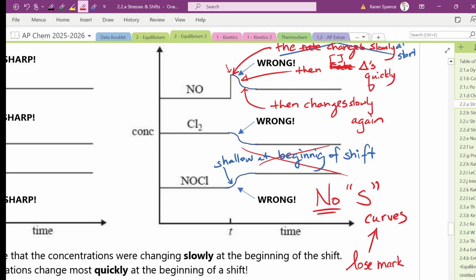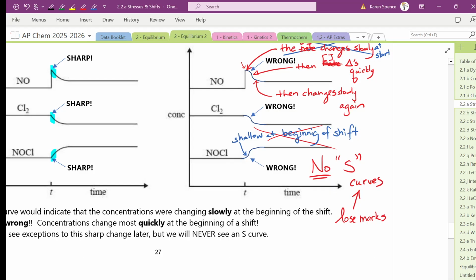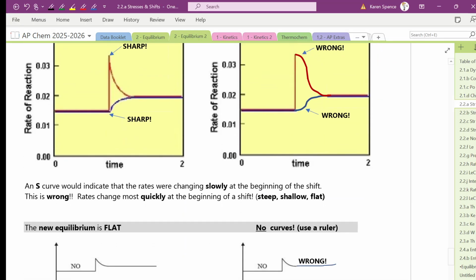We do a lot of fudging in these diagrams, like they're not accurate in terms of where the concentrations end up or anything like that, but there are certain things that you need to be precise about, and that's the shapes of the curves. Steep at the beginning of the shift. That is correct. Yay! So we good? Excellent.